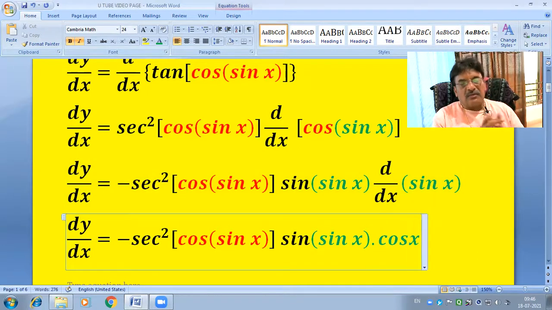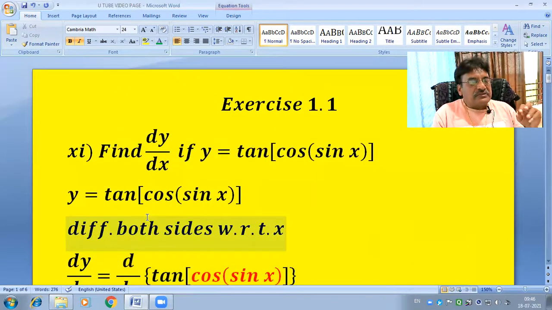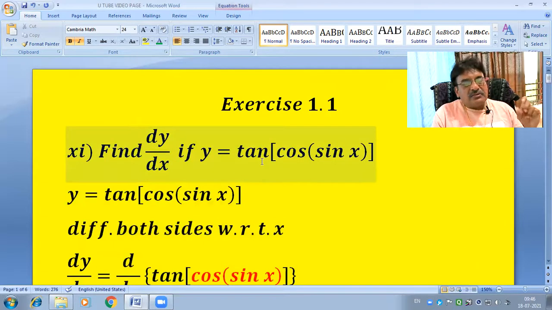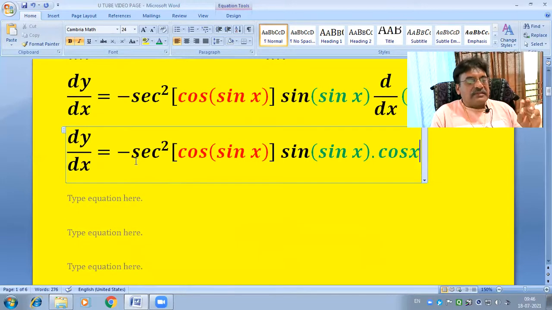This is the required derivative of the function y equals tan of cos of sin x. We found it by using the chain rule indirectly, and dy by dx equals minus sec square cos of sin x into sin of sin x into cos x.